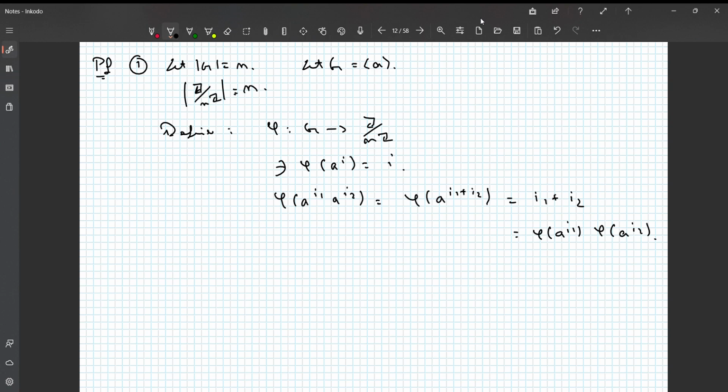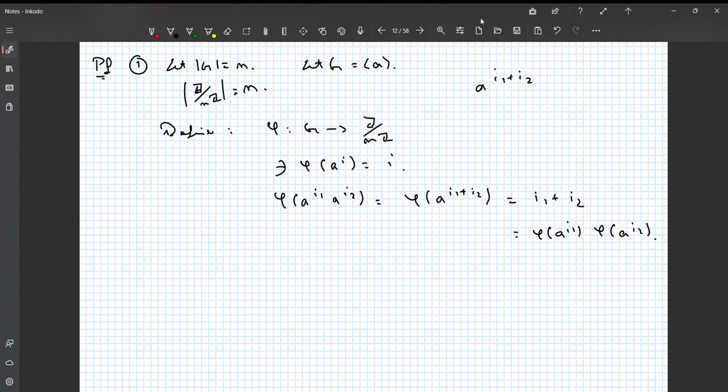On the right hand side we obviously have the plus operation modulo n. You don't actually require modulo n here, because on the left hand side, when you have a to the power i1 plus i2, modulo n is already induced. So you don't need to mention modulo n. So it's a homomorphism.